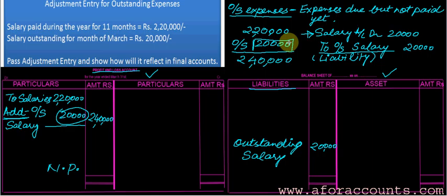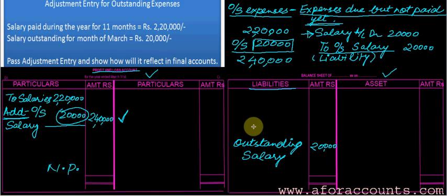Always remember the meaning of outstanding expense. It is the expense due but not paid yet, and I have to account for all the expenses, whether paid or not paid, in the current year. So whatever is paid, I will add the outstanding expense to it, so that I get a true expense in my profit and loss account which pertains to my accounting year, and a liability is generated.